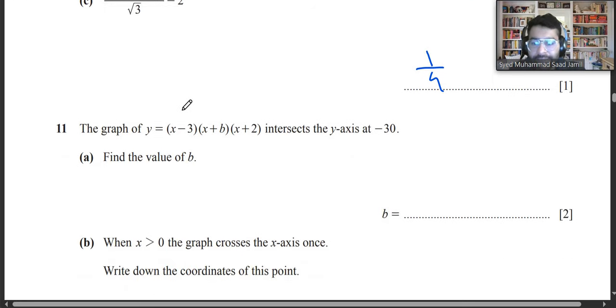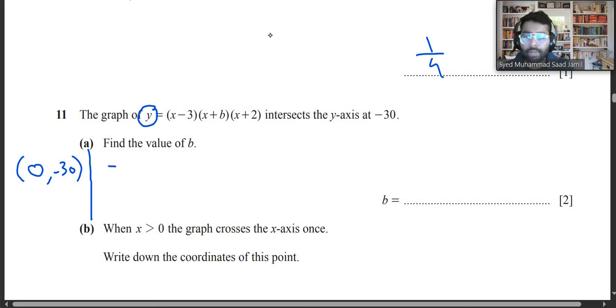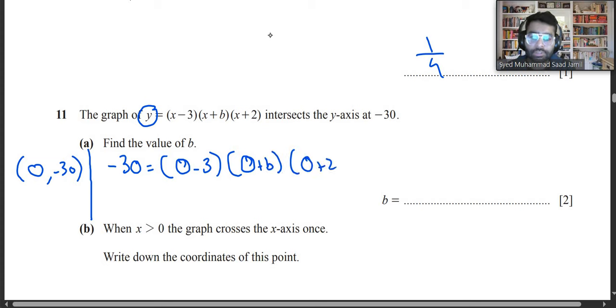Moving on to question 11. It says the graph of y equals x minus 3, x plus b, x plus 2 intersects the y-axis at minus 30. Find the value of b. Now look guys, whenever we say intersection at the y-axis, the value of x is 0 and the value of y is minus 30. So minus 30 is equal to 0 minus 3, 0 plus b, and 0 plus 2.